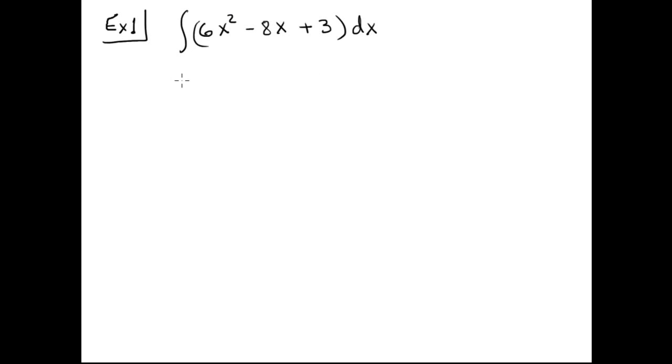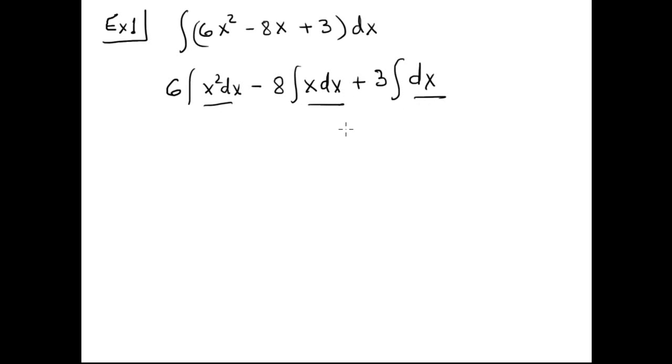Okay, we can separate into 1, 2, and 3 integrals, and the constants you put each one outside. Like that. You apply the power rule, power rule, power rule here.